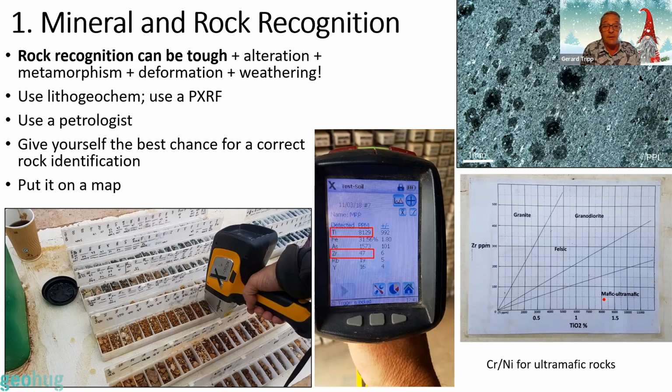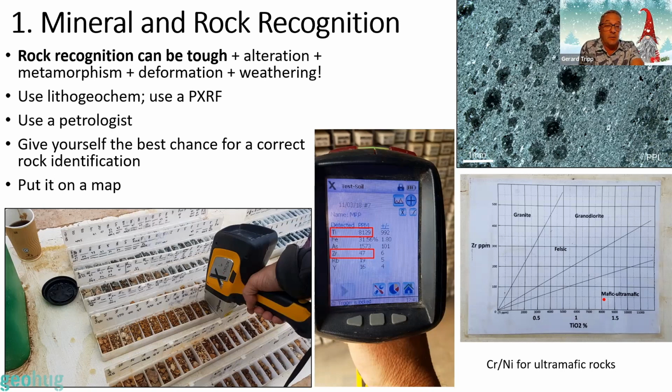I don't know what the rock is. It was that rock with the spots. That's not going to quite get us there when we want to put our geological map together, which at the end of the day is the most important tool of exploration. PXRFs are really good now for things like titanium and zirconium. So look at all this weathered rubbish in the chip trays in the photograph on the left.